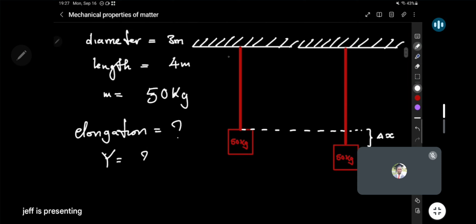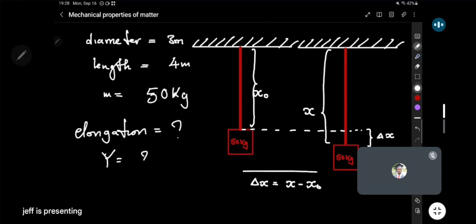The initial length of the wire can be taken as L0 or X0, from here all the way up to there, while the new length of the wire can be taken from here up to that point, let's say X. So the elongation that has occurred, which is the extension in our wire, can be viewed as the new length minus the original length.